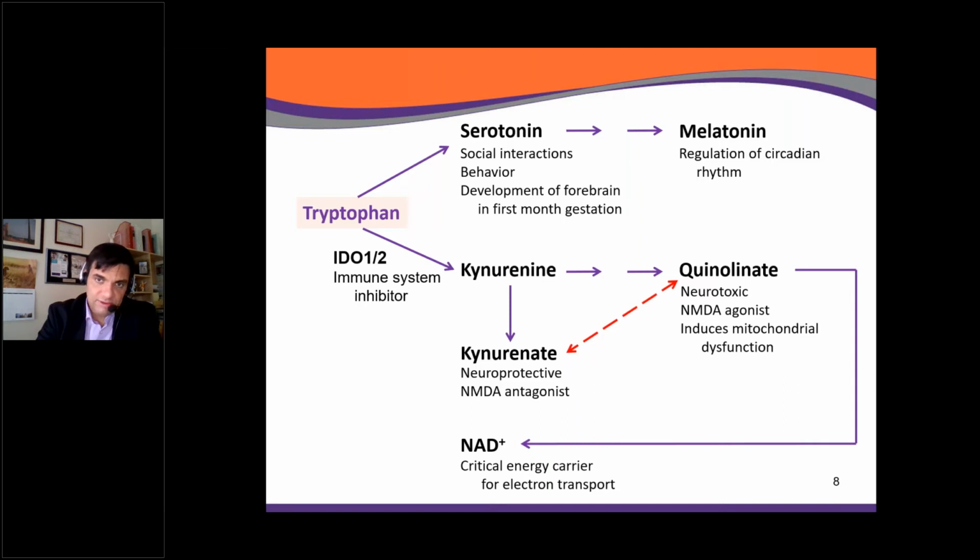And finally, quinolinate is a structural precursor of NAD, nicotinamide adenine dinucleotide, which again is NADH in the reduced form, and therefore is linked to mitochondrial dysfunction through the availability of NADH as energy carrier for the respiratory chain. So as you can see, tryptophan is an amino acid that may play multiple roles and may be associated to ASD through several pathways.